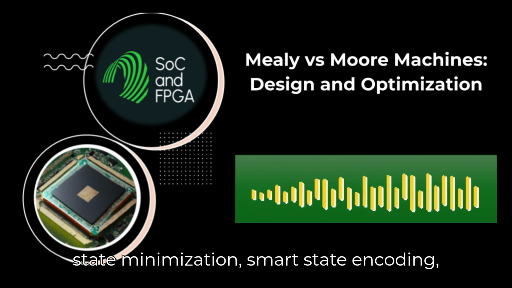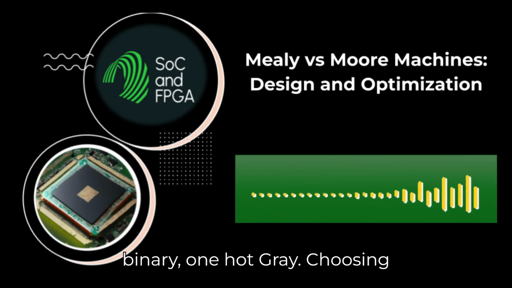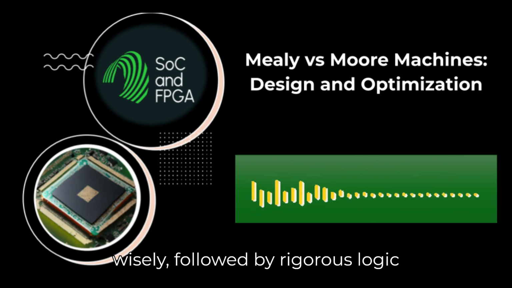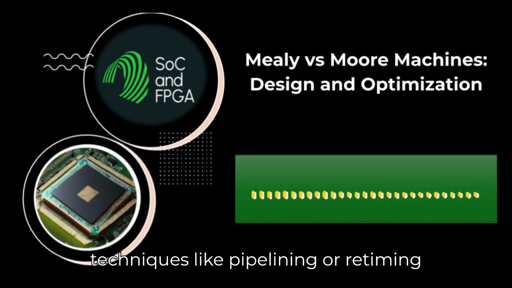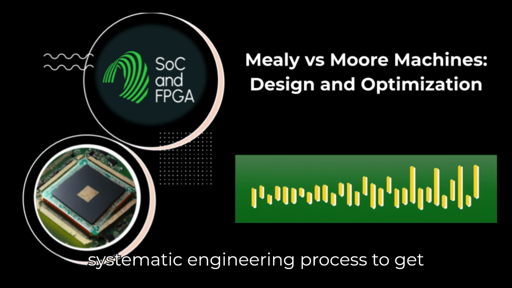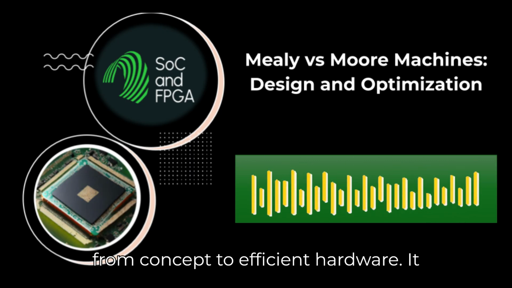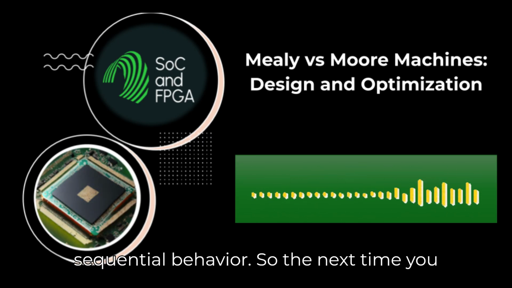State minimization, smart state encoding, binary, one hot, Gray, choosing wisely, followed by rigorous logic optimization, and maybe even advanced techniques like pipelining or retiming for high-speed stuff. It really is a systematic engineering process to get from concept to efficient hardware. It is a very structured approach to handling sequential behavior.